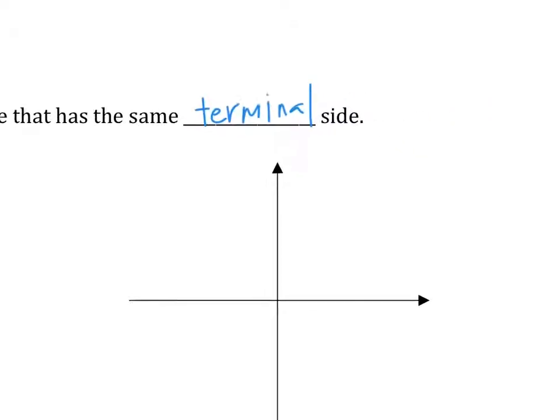So for example, let's say I have an angle that is 45 degrees. What's another angle that ends on the same side?